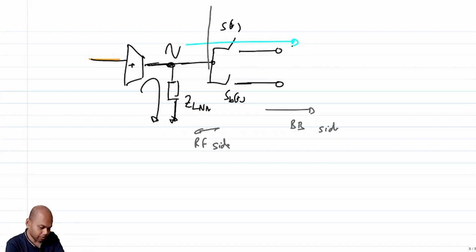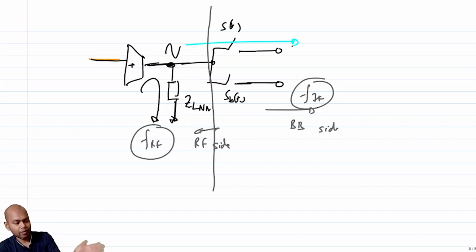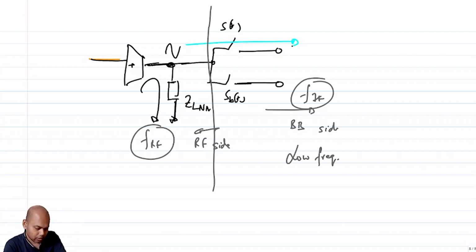Because if you think about it, here the signal is FIF, and the signal that I am getting here is FRF, right? So on the right-hand side of the mixer, for the receiver configuration, I have low frequency signals, and here I have high frequency.